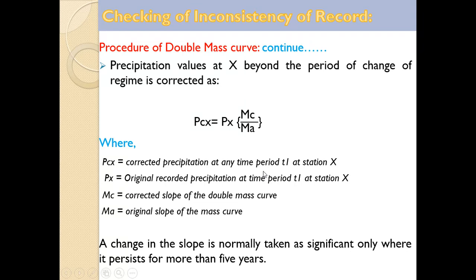This should be corrected because we have to use it for design of hydraulic structures. We should have detailed and accurate data. So for that purpose, the precipitation data is corrected beyond this point.